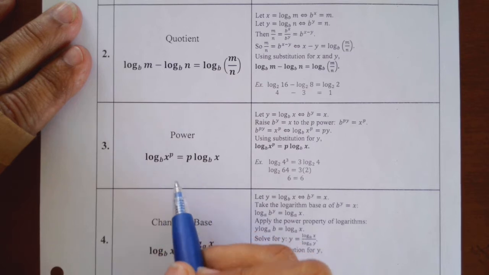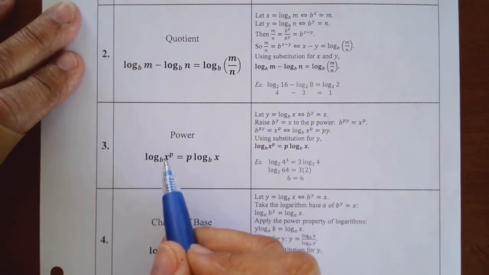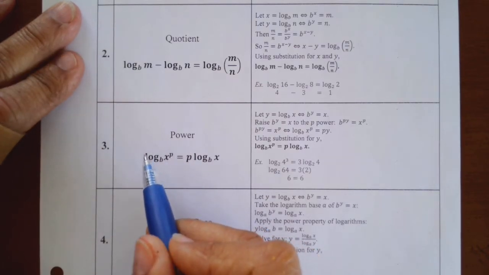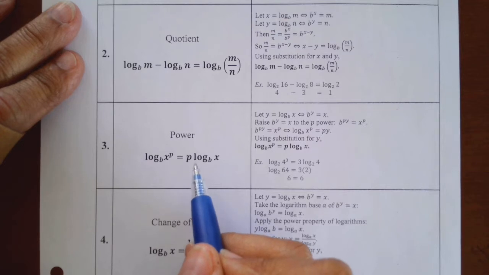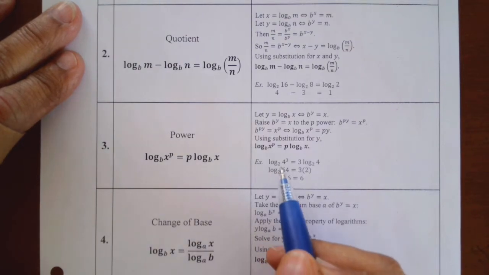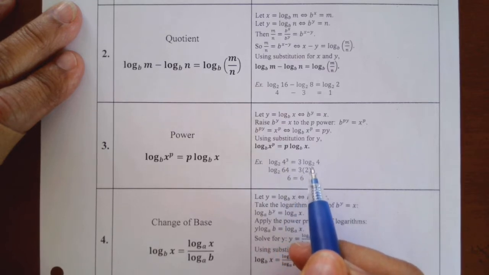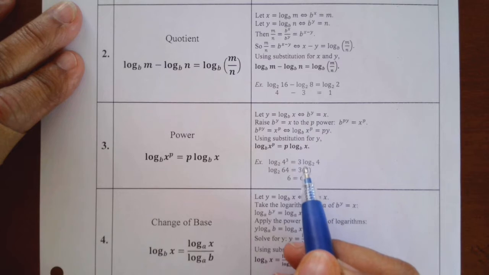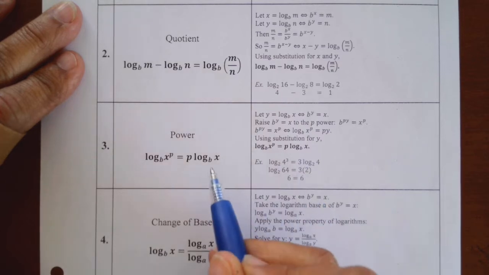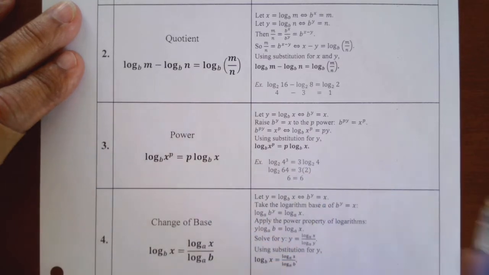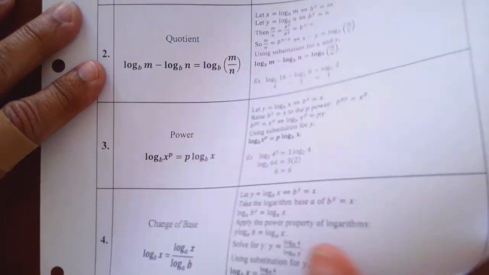Usually for this, most of you just remember that you take the exponent and it goes out to the front of the log. If you look at this example, log base 2 of 4 cubed, I can bring the 3 out front, and that's the same as 3 times the log base 2 of 4. And this keeps going to simplify it, which we'll do in a little bit.